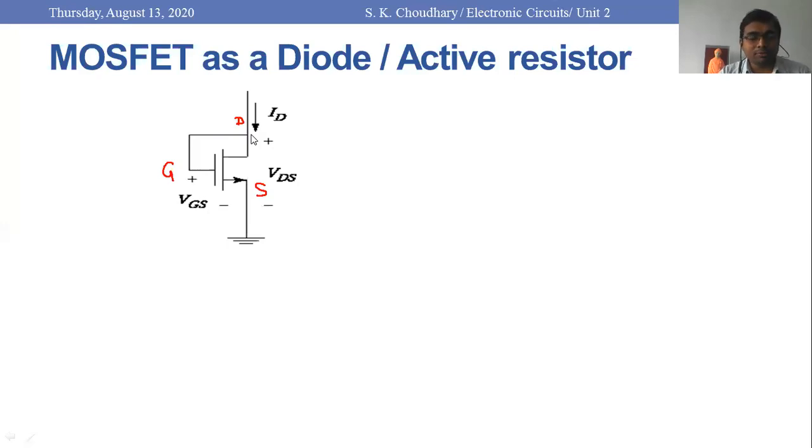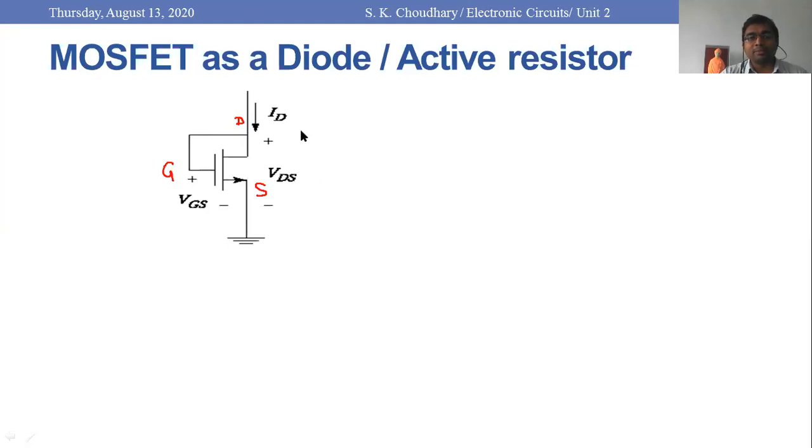This is the symbol of an N-channel enhancement type MOSFET. And we know that in that particular structure there are 2 N-type device areas on the P-type substrate. These N-type regions represent the drain and source terminals, and the P-type substrate acts as the substrate.